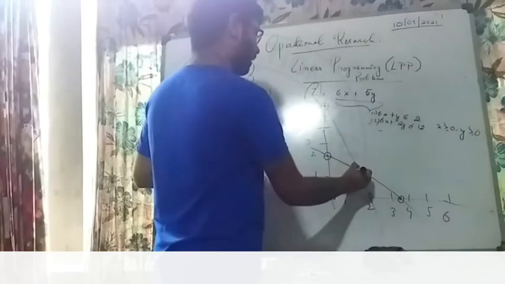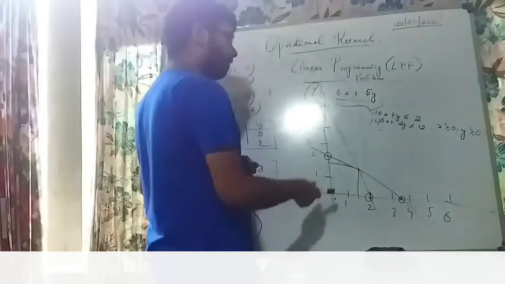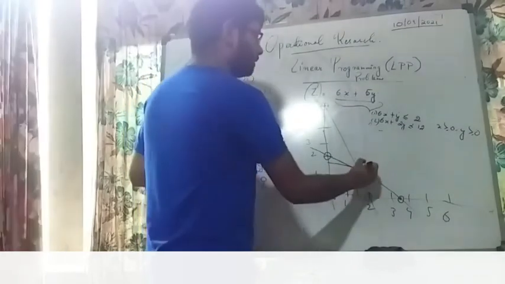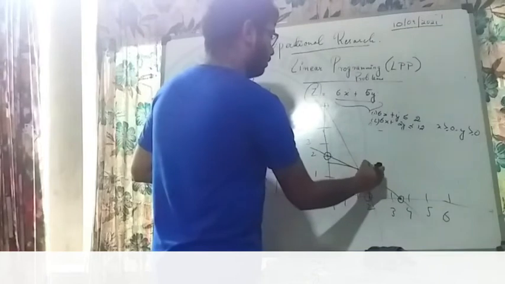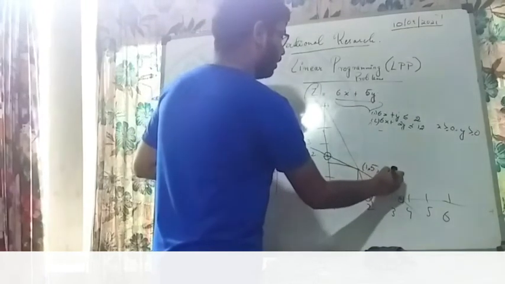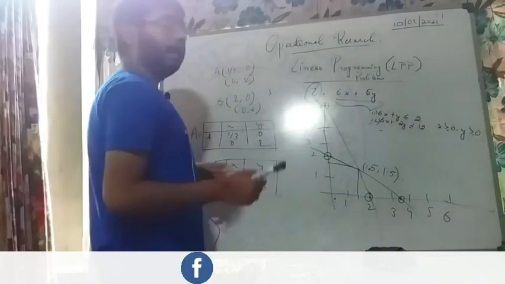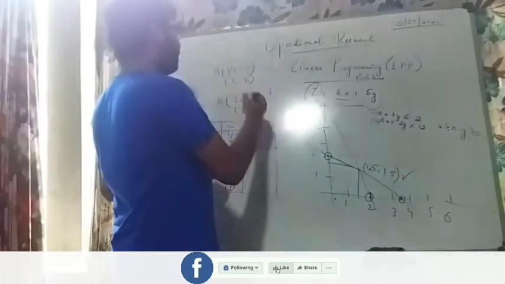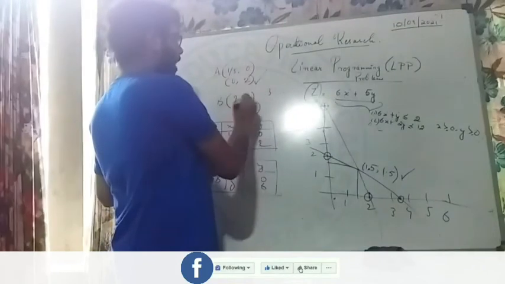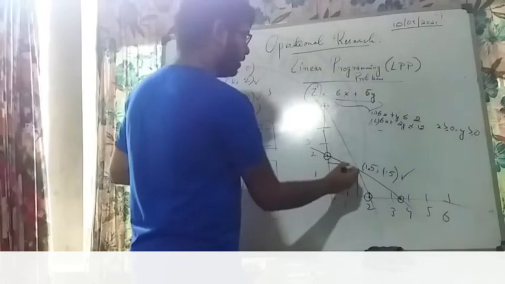See, here an intersecting point came. It is somewhere between 1 and 2. Say we take 1.5 comma 1.5. So we will take three coordinates, one this one, one this one, and one this one, and the feasible region is here.